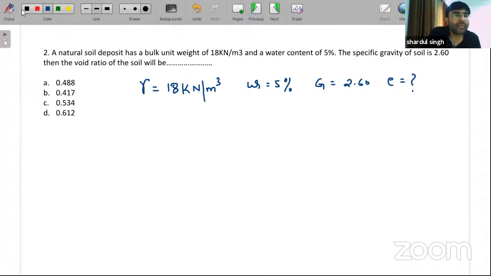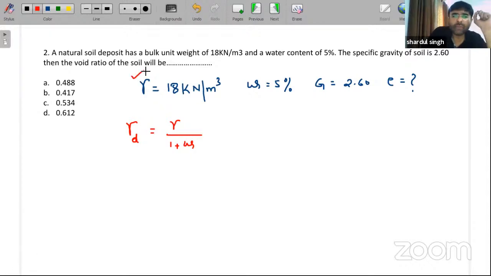See, we very well know that we can calculate the value of gamma D, that is the dry unit weight of the soil, from the relation that gamma D is equal to gamma upon 1 plus W. This is the relationship between the dry unit weight, bulk unit weight, and the water content of the soil.